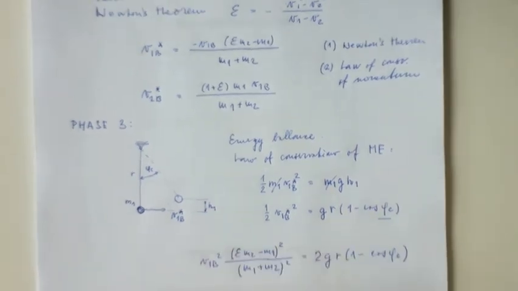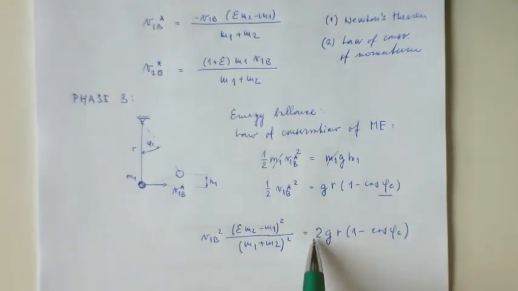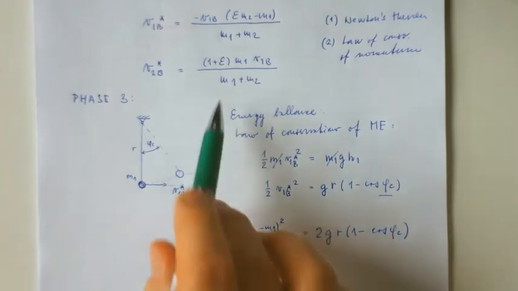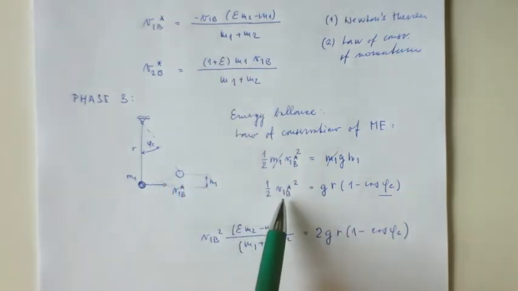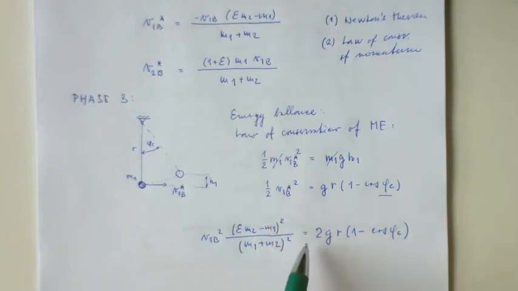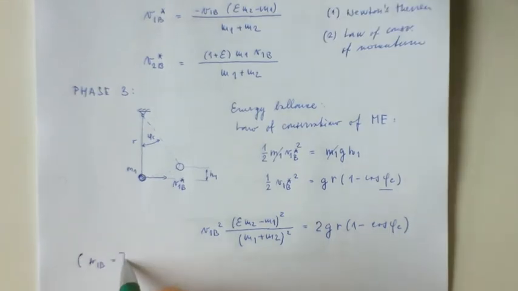So this is from the previous calculation, and we substitute it. v1b is known from the previous calculation, so I can put it into the bracket. So v1b was the square root of 2gr 1 minus cosine phi a, and we can substitute it.